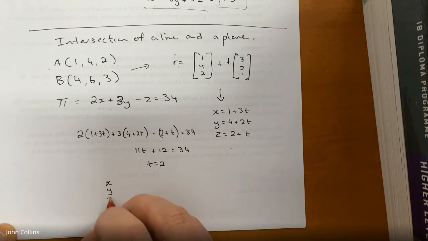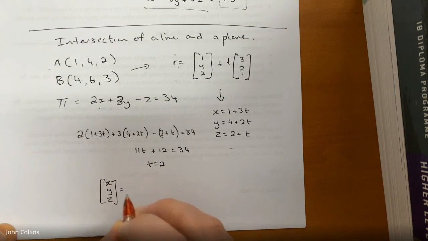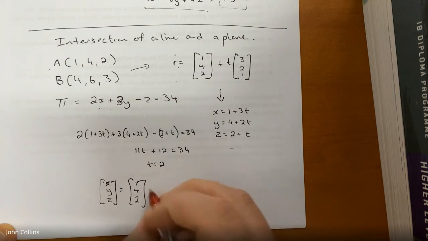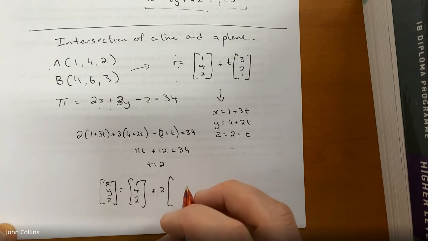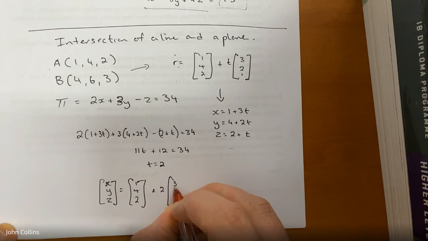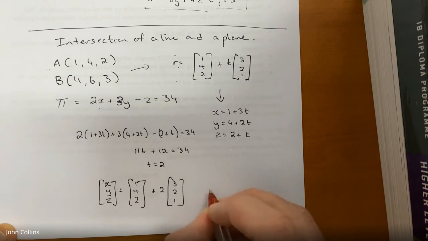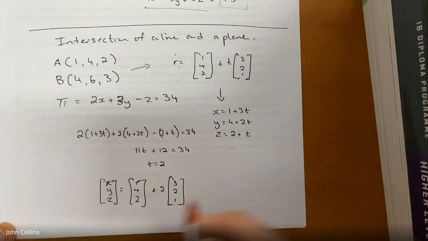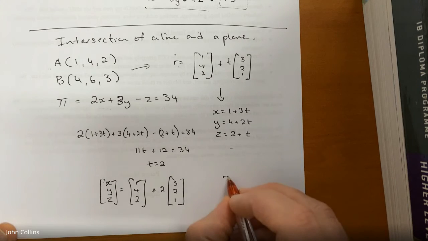We know x, y, and z would be 1, 4, and 2 from the line equation, plus now 2 times 3, 2, 1, where t is the parameter, and then work all that out. So x would be, I'll just do the x first.